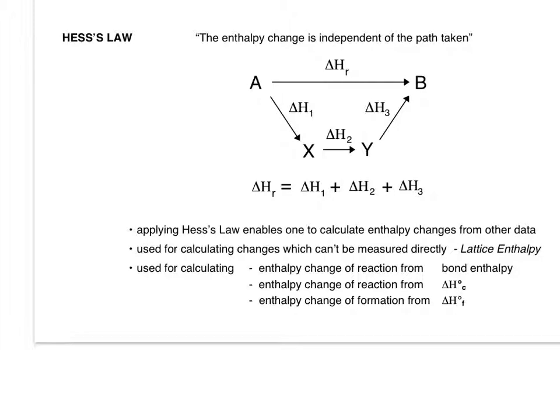If we're thinking about the enthalpy change of reaction, going from A to B, it can actually be represented in a slightly different way. We can say that the enthalpy change is independent of the path taken, and this is known as Hess's law.